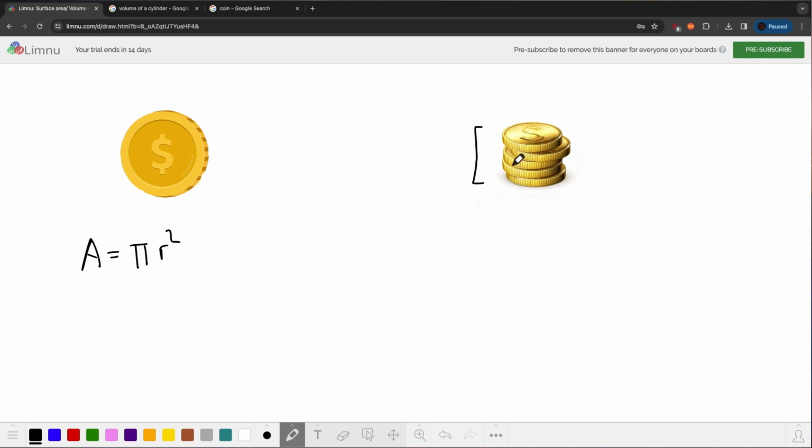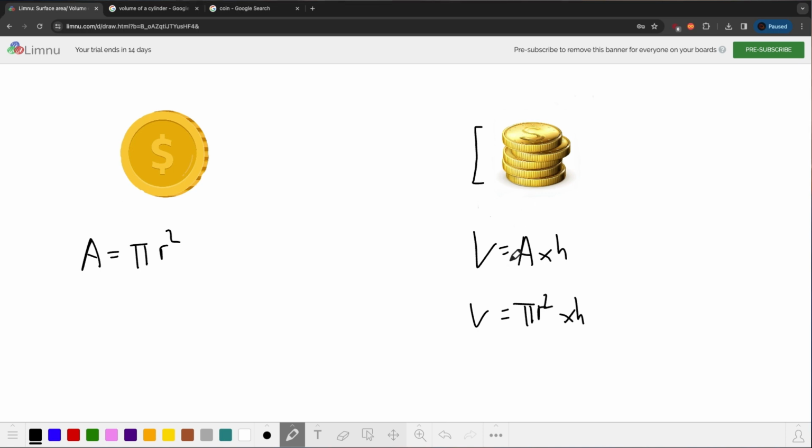So what you can do to find the volume of this is, volume equals A times H, and A just means area. So V equals pi r squared, because we know the area of a circle is pi r squared, times H. In this scenario, we have 1, 2, 3, 4, 5 coins.